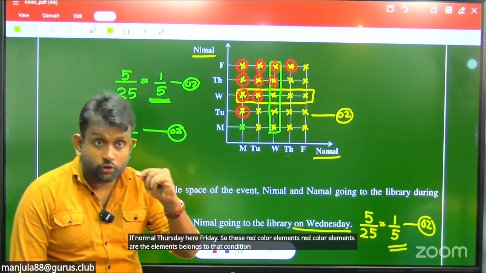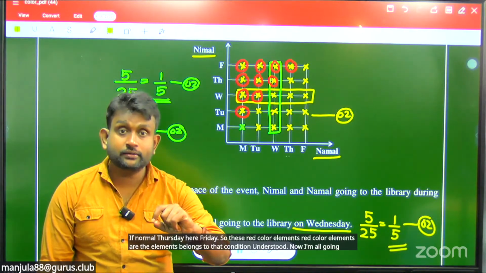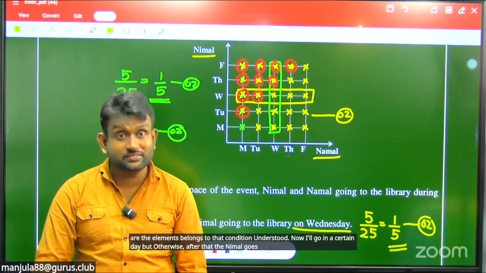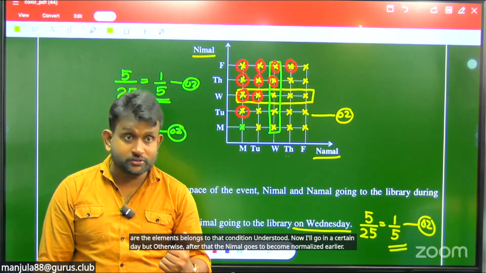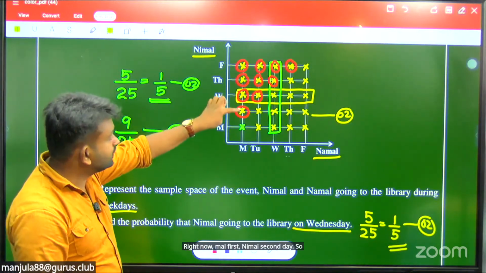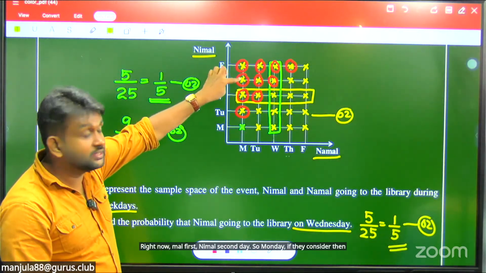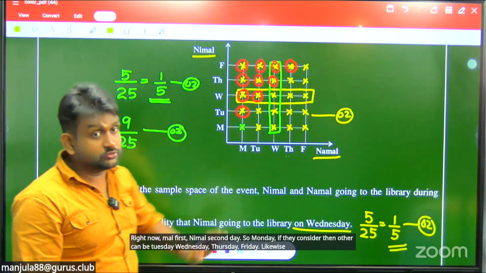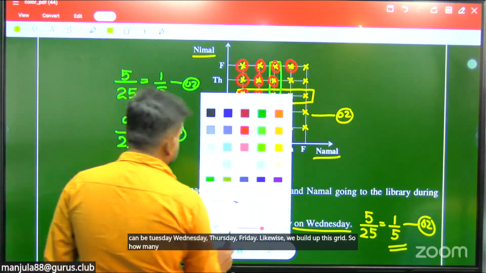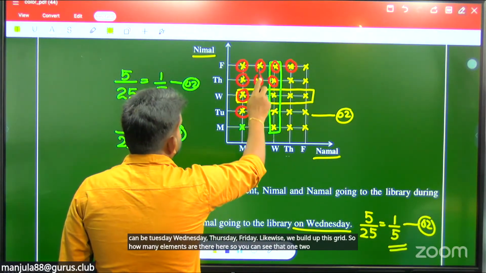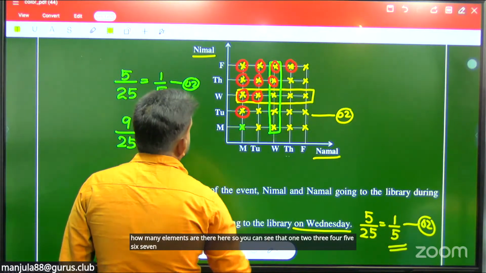Understood? Namal goes on a certain day, and Nimal goes after that so that Namal is earlier. Namal first, Nimal second. So if we consider Monday, the other can be Tuesday, Wednesday, Thursday, Friday. Likewise we build up these grids. So how many elements are there here? You can see 1, 2, 3, 4, 5, 6, 7, 8, 9, 10.